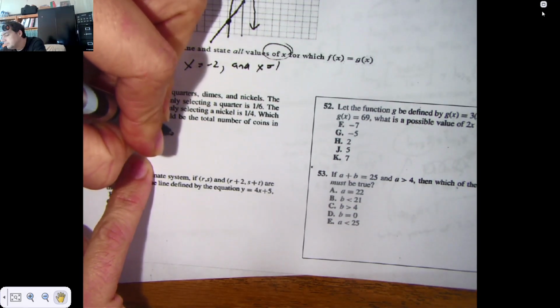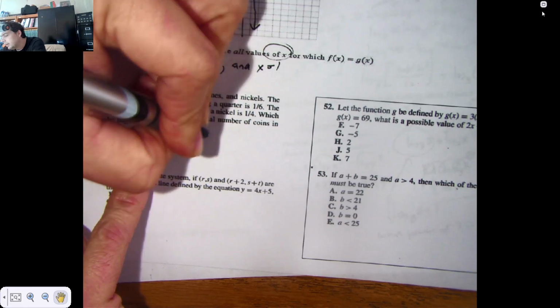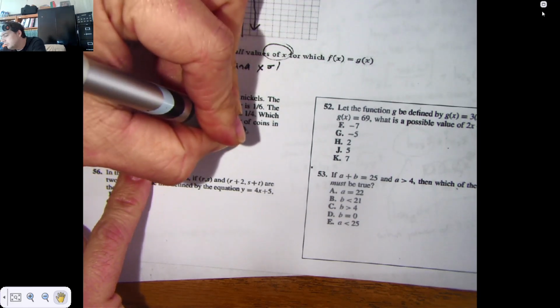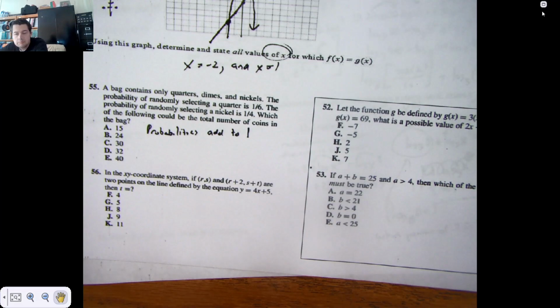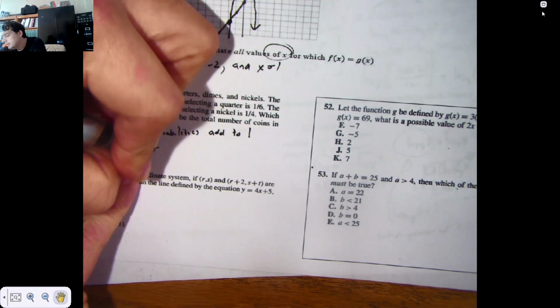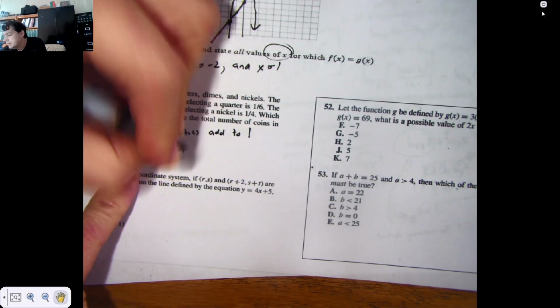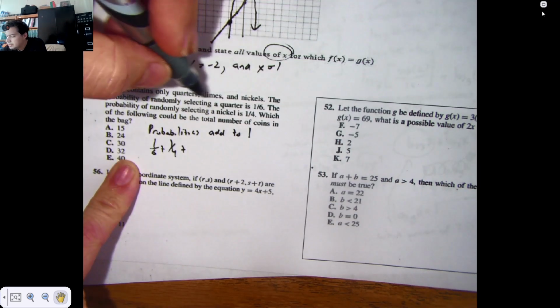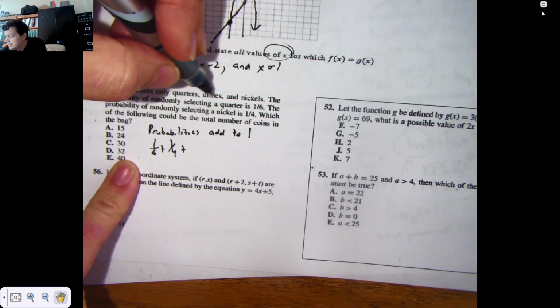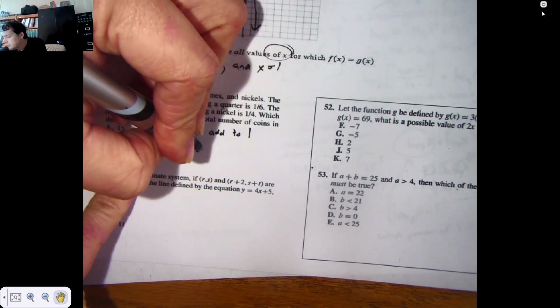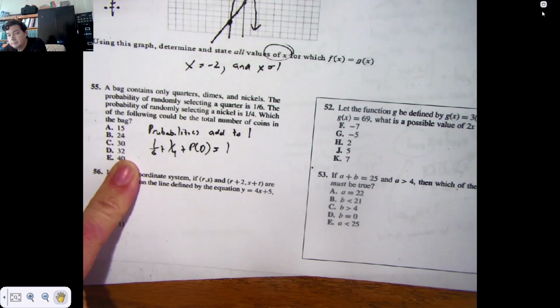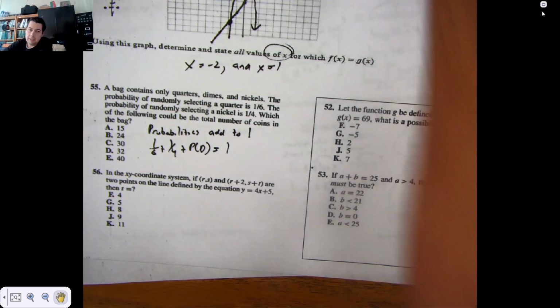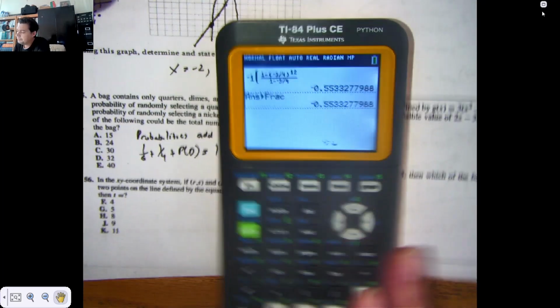Probabilities add to 1. So 1/6 plus 1/4 plus this missing probability, this was quarters and nickels, so plus the probability of a dime, has to be 1. I don't feel like working this out without a calculator.